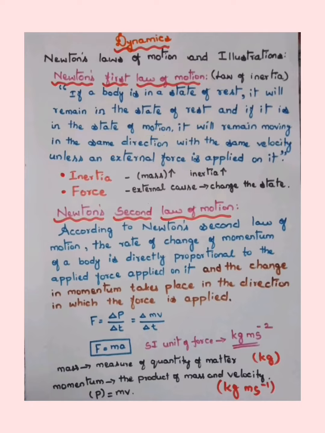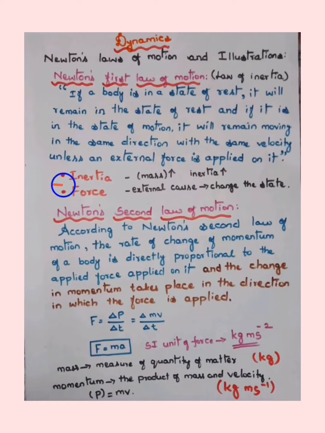It means if an object is at rest, it will stay at rest. If it is moving, it will keep moving unless and until a force is applied on it. For an object at rest, if force is applied, it will start moving and be displaced. For an object already in motion, if you apply force, it will stop. Very easy law, Newton's first law.